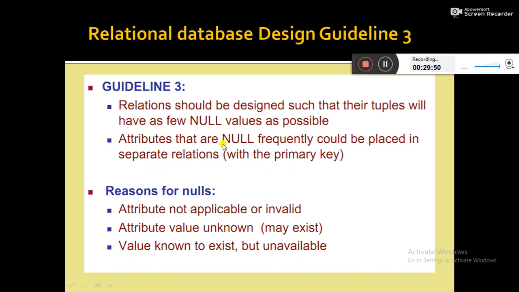Try to avoid including those attributes whose value is frequently null. For example, suppose the office number, the cabin number, is an attribute of the EMP relation, and not all employees have an assigned office or cabin. So what happens if you include the office number in the employee relation?